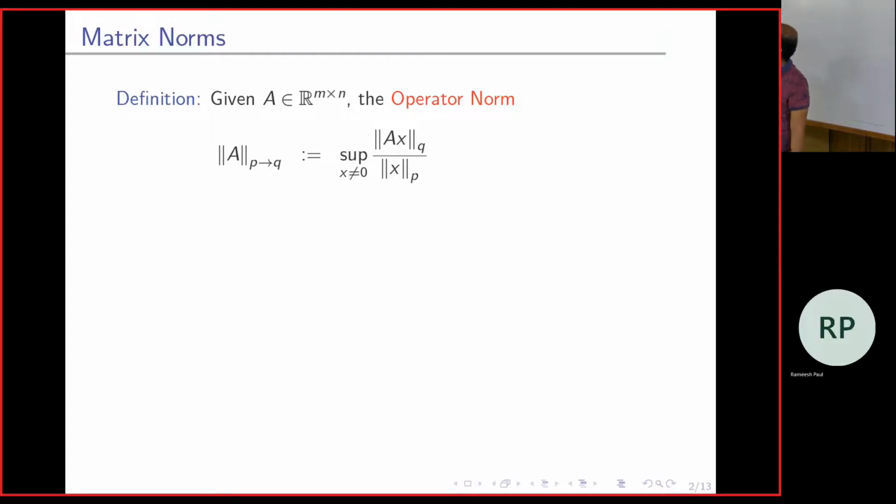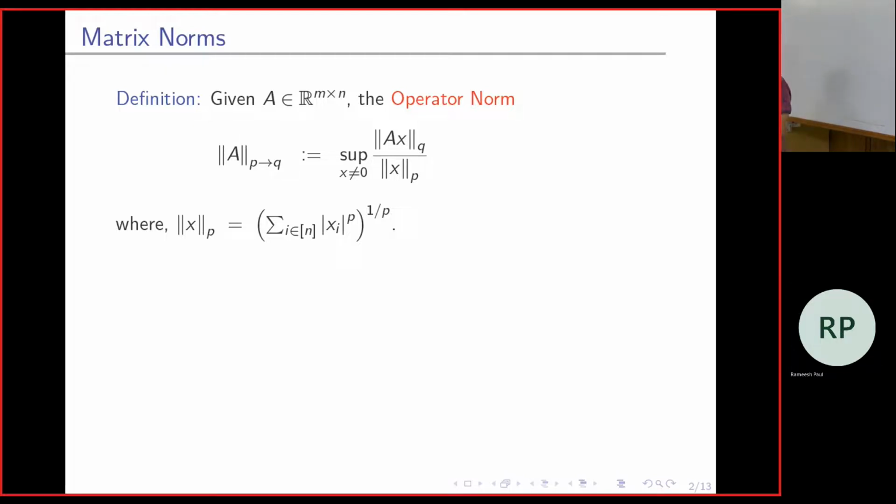It's the Q norm of AX normalized by the P norm of X. Of course, this only makes sense when X is not equal to 0. Note that we will not be working with the 0 norm because that's not a norm. So for us, P and Q are both at least 1, up to infinity.